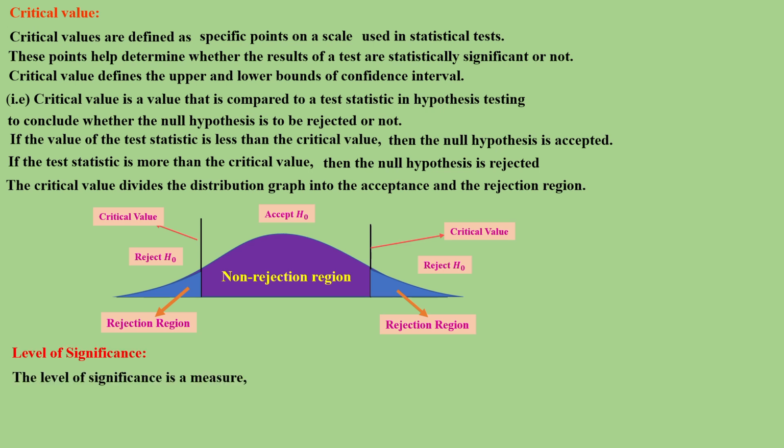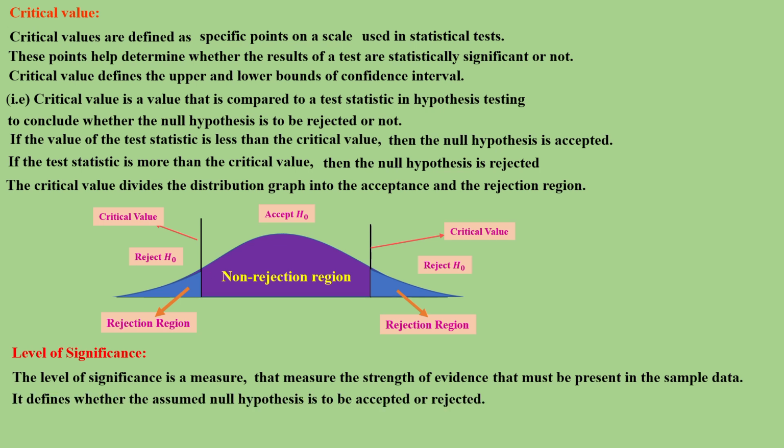Level of significance. The level of significance is the measure of the strength of evidence that must be present in the sample data. It defines whether the assumed null hypothesis is to be accepted or rejected, based on the level of significance, that is the evidence.